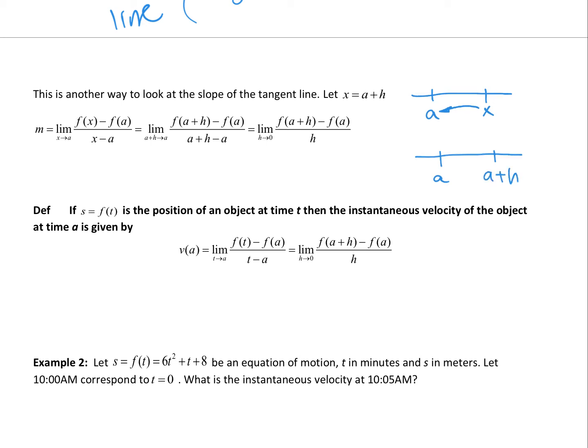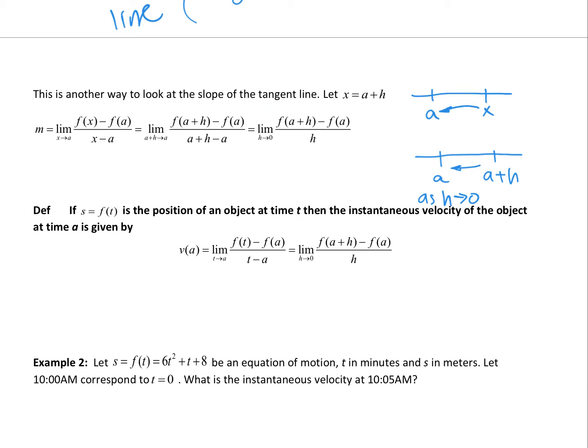As h approaches 0, it means a plus a very small number, so this point is approaching a. One way of saying it is x is approaching a; the other way is a plus h, as h approaches 0. That's what the alternate formula says.